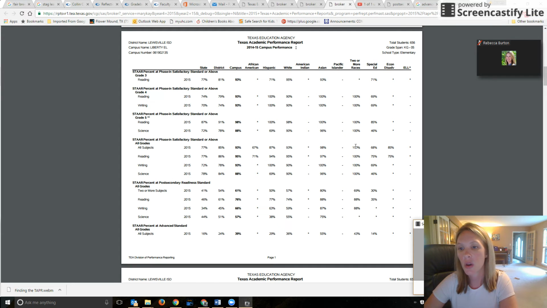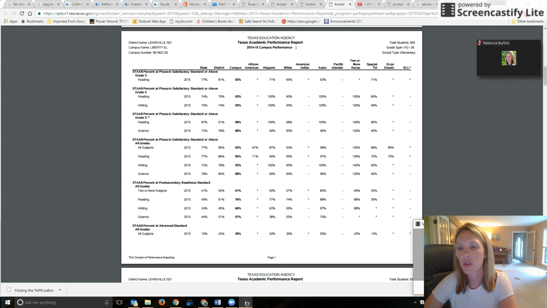You'll notice as you also scroll over that African Americans did have a subpopulation somewhere, so we don't see it in the others, but maybe totally combined for all tests, they met that subgroup population. And so only 67% of African Americans were meeting the standard for all subjects for all tests.